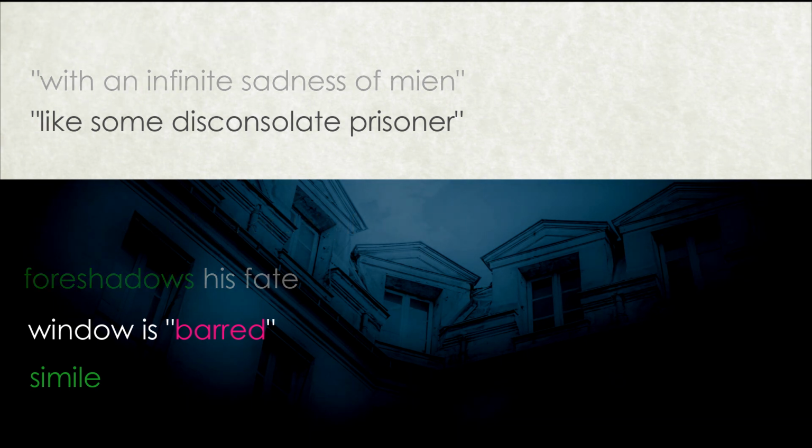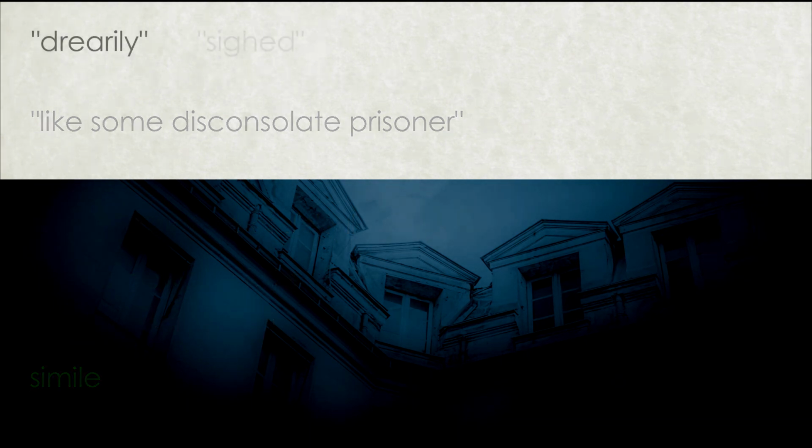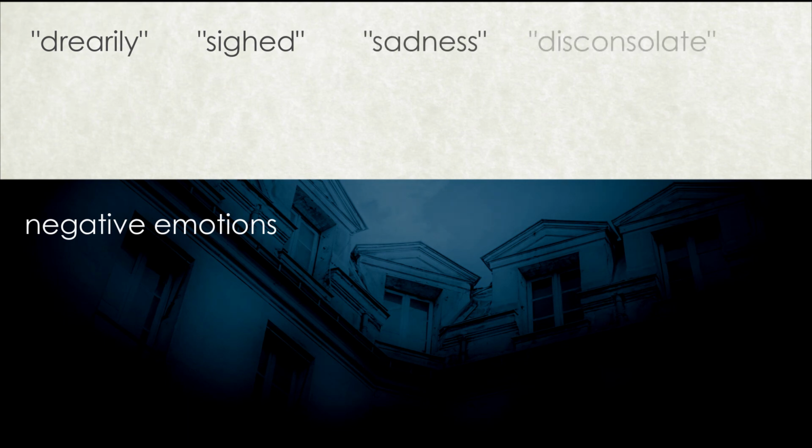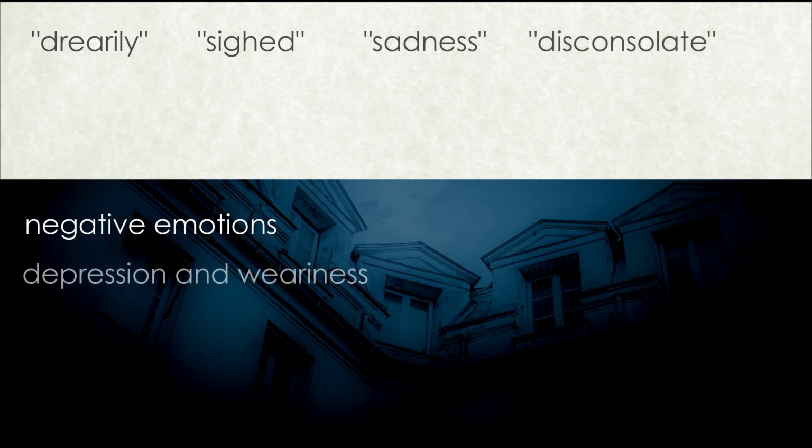The way in which he speaks drearily and sighed, along with the other words conveying negative emotion, such as sadness and disconsolate, communicates his depression and weariness. The fact that he appears weighed down by his problems elicits the reader's sympathy.